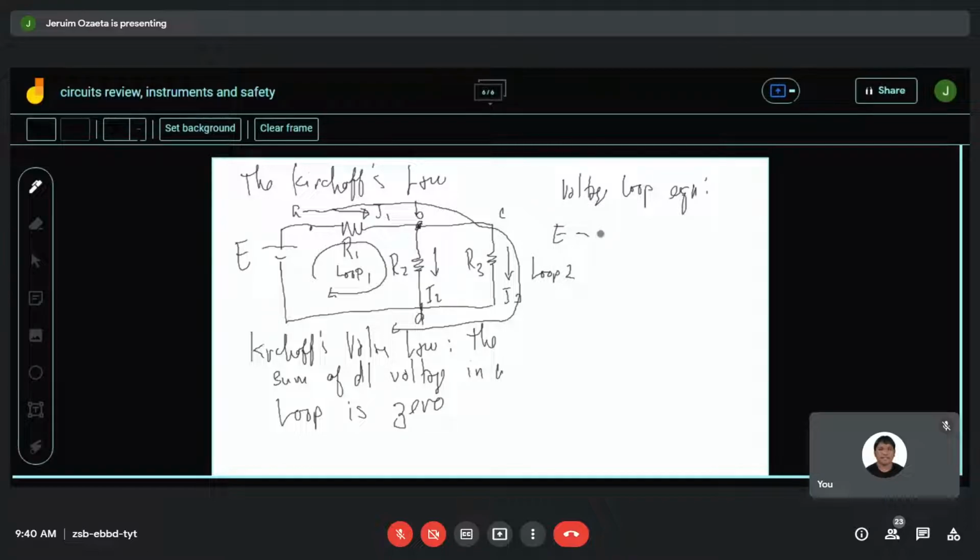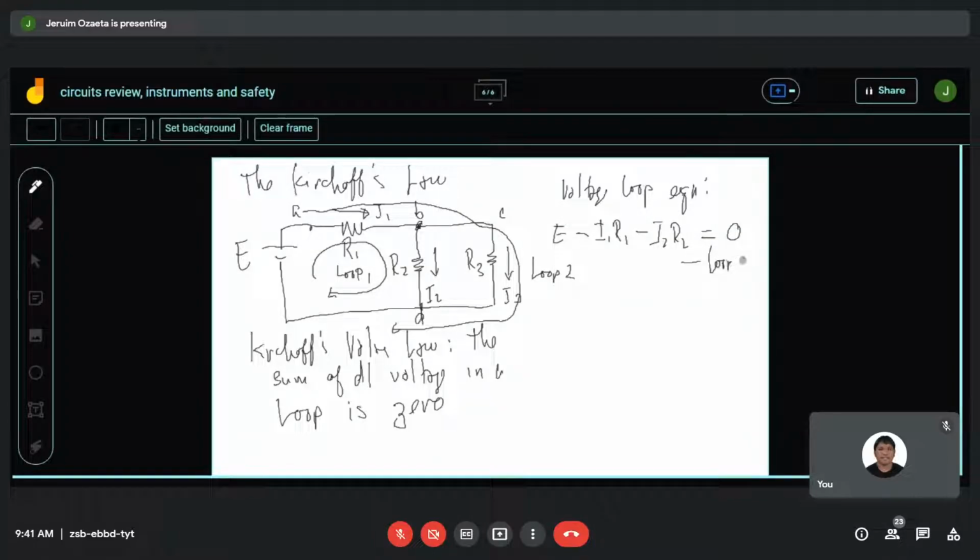So that is I sub 1 R sub 1 a drop, I sub 2 R sub 2, and go back to the source, which is equal to 0. This is for loop 1.